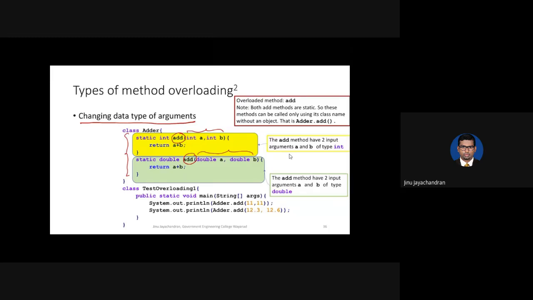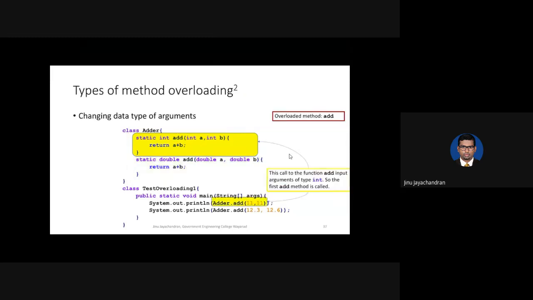When it executes with 11,11, you're passing int values. If you look at these two methods, the parameter type is different: this is int, this is double.